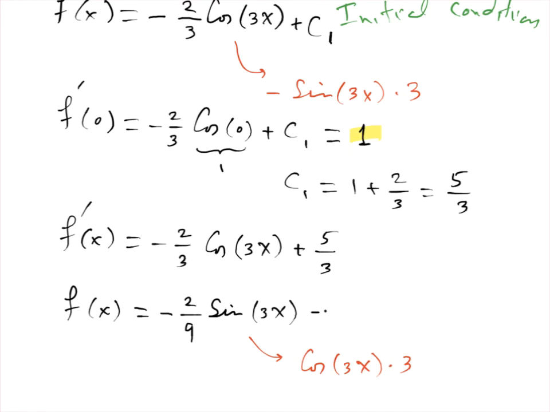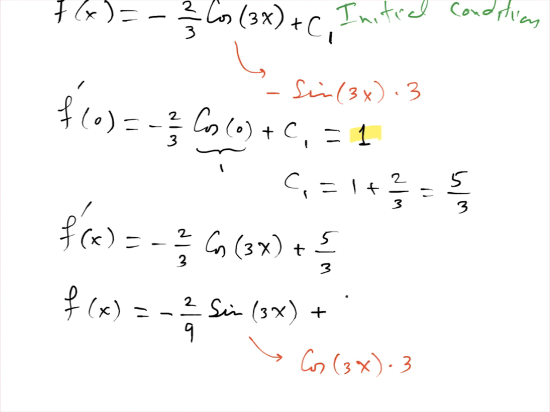And then plus antiderivative of 5/3. Just like when you take derivatives of a function plus another, it's the sum of their derivatives, antiderivative is linear in that sense too. So if you take antiderivative of a sum, you get the sum of antiderivatives. So now I need antiderivative of 5/3.